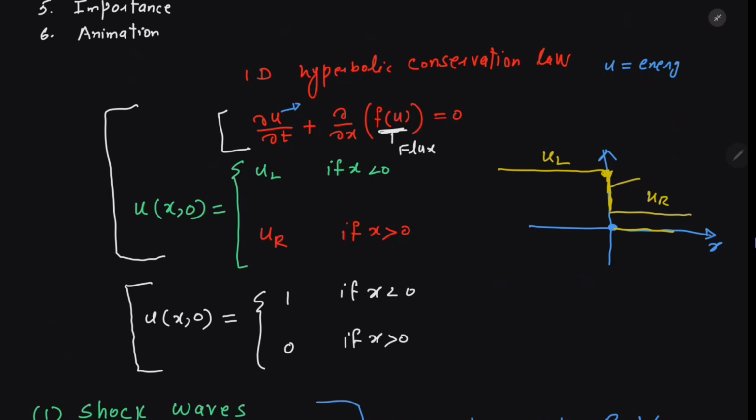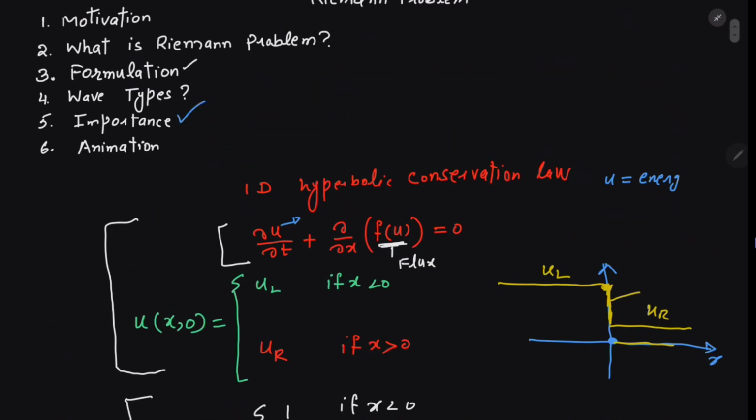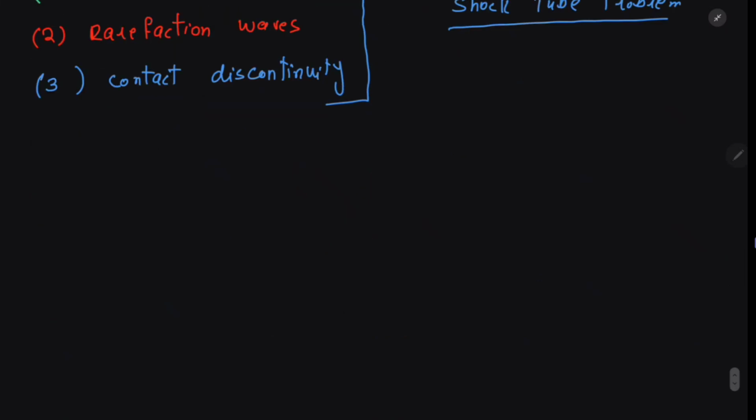Okay. So what is the importance? The importance is in numerical methods. Whenever we construct a new numerical method in the finite volume method, we apply that numerical method to the Riemann problem to see how good or accurate the numerical method is.